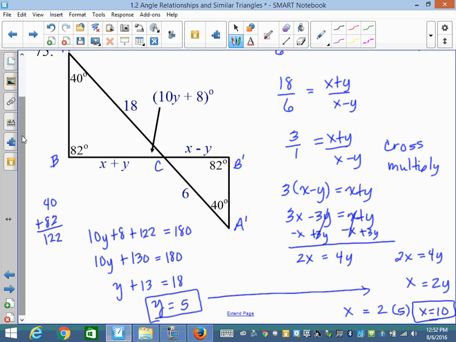They asked you to solve for x and y. So you are done. Now, if you wanted to continue on, you could. That last angle is 10 times 5, 50, plus 8, 58. And x and y are 10 and 5. 10 plus 5 is 15, 10 minus 5 is 5. And now you have sizes as well.